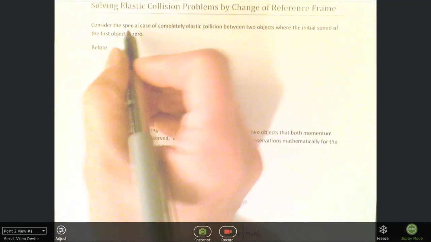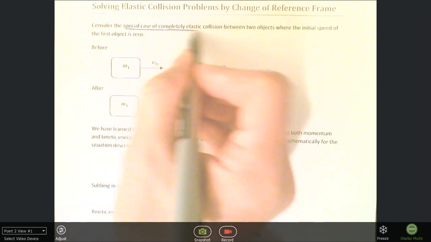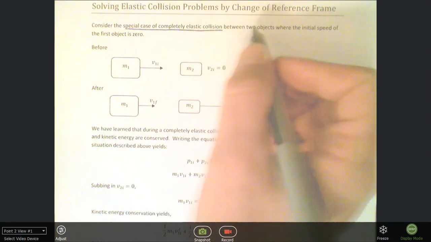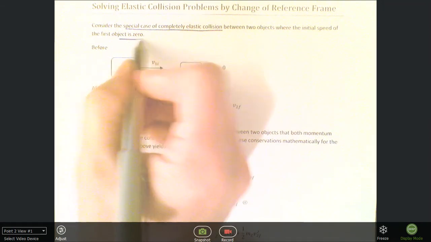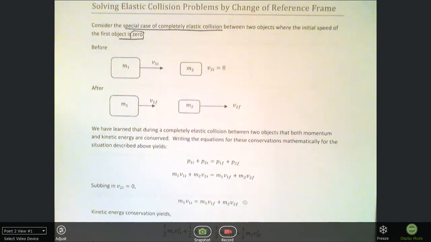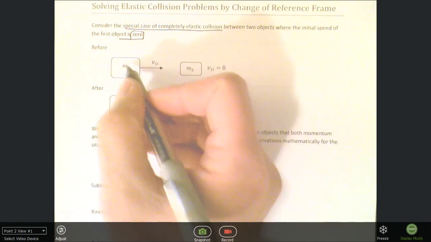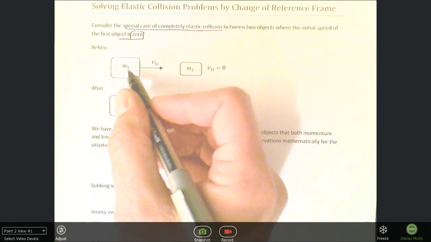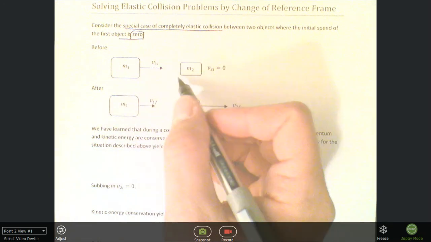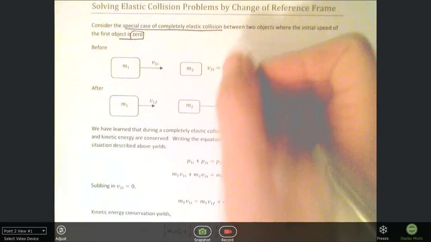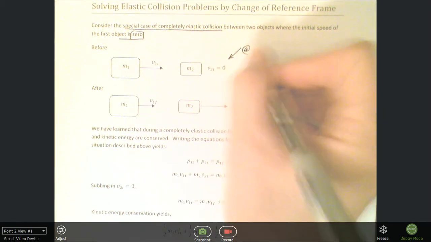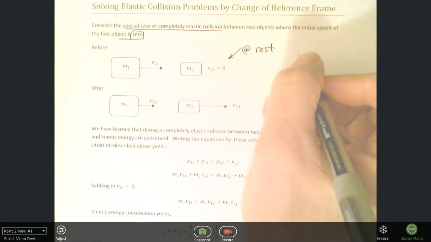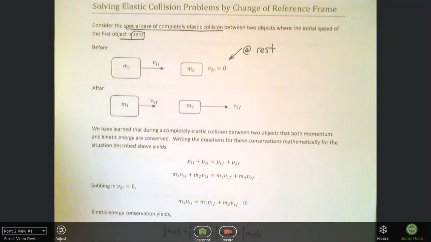You can consider the special case of a completely elastic collision where the initial velocity of one object is 0. That's the key. So it's just any problem where a block hits another block and it's completely elastic, but one of them is at rest.